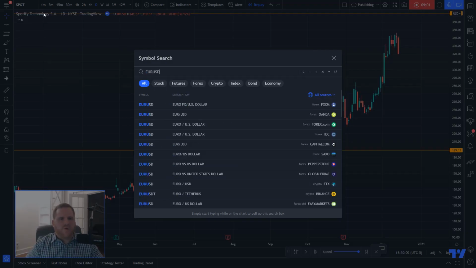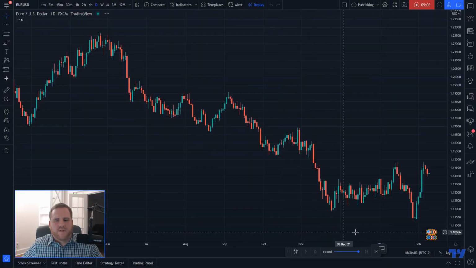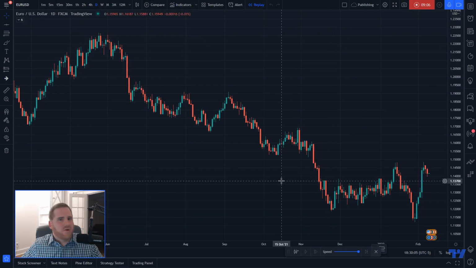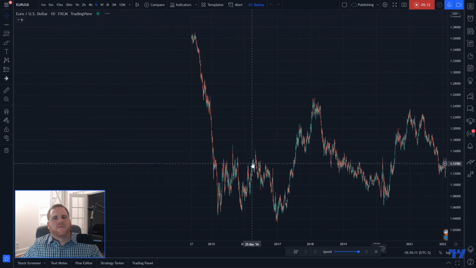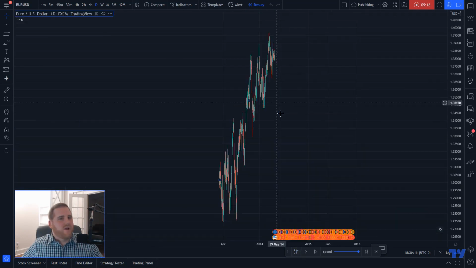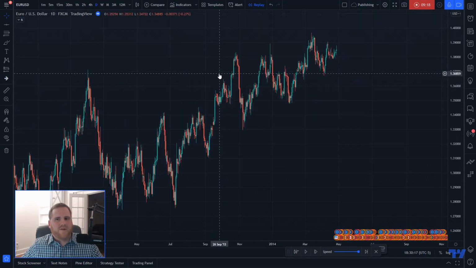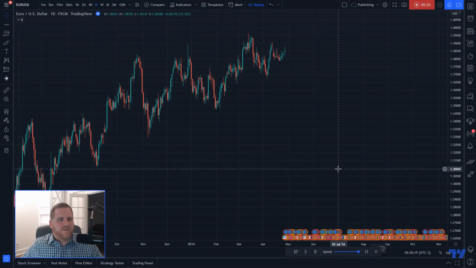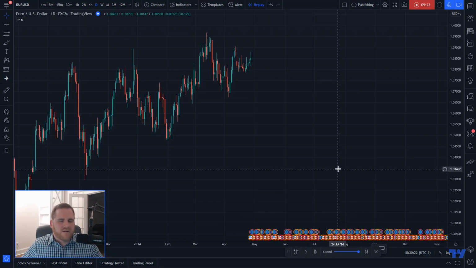We're going to look at the euro dollar. These are the two most traded foreign exchange currencies, the most traded pair in the world. I cut my teeth on Forex many years ago, and so I remember this event. This actually shaped my philosophy of this particular pattern, in fact.